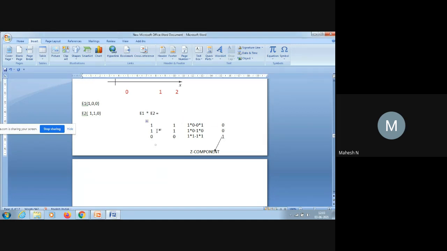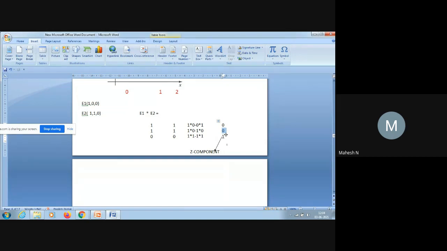Now for my second value, the y component, I will nullify the second row. I will multiply the first row with the third row: 1 into 0 minus 0 into 1. Whatever way, it again becomes 0.